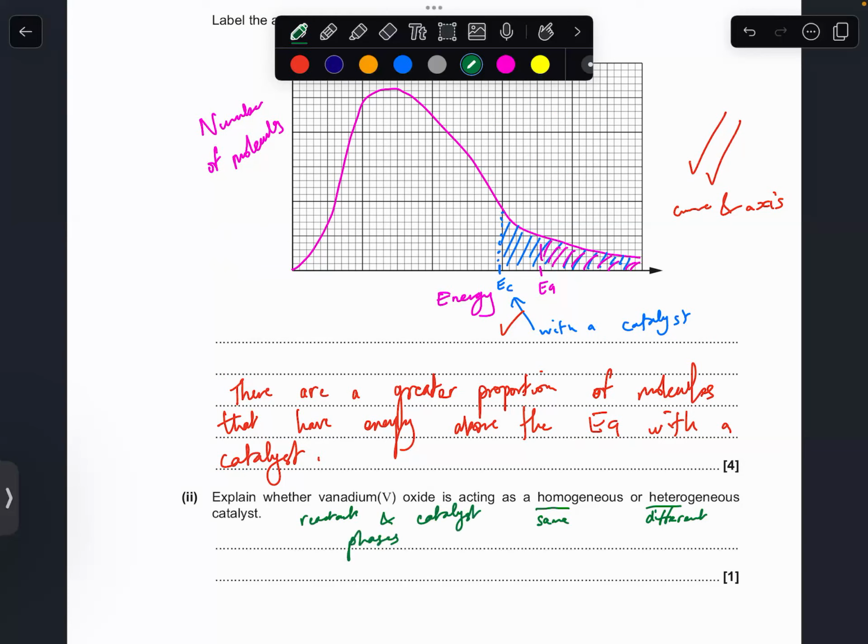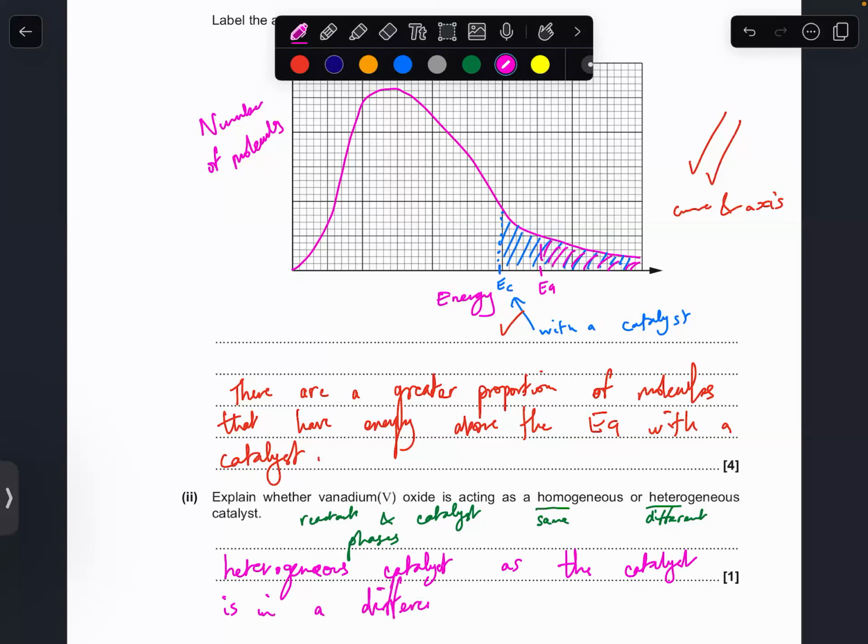So we write down heterogeneous catalyst as the catalyst is in a different phase or state to the reactants.